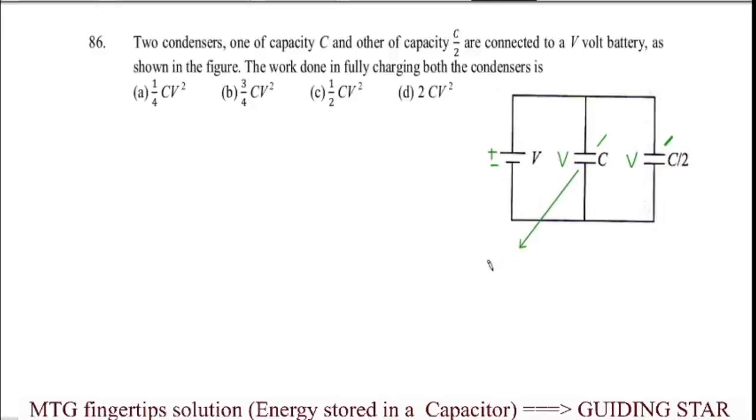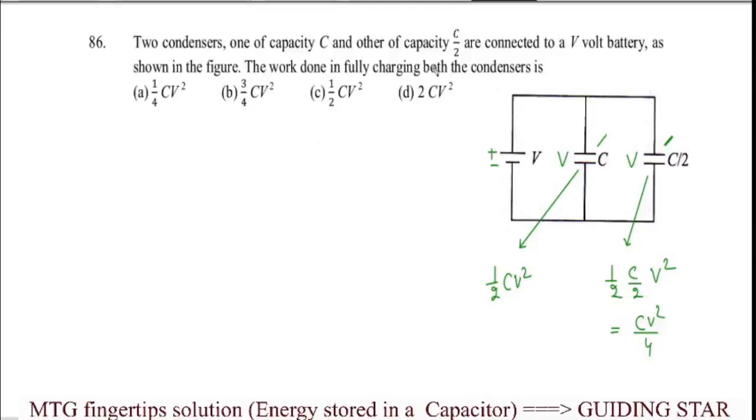Energy stored here will be half CV square, and energy stored over here will be half, capacitance is C by 2 and potential is V square. So that value will be equal to CV square by 4.